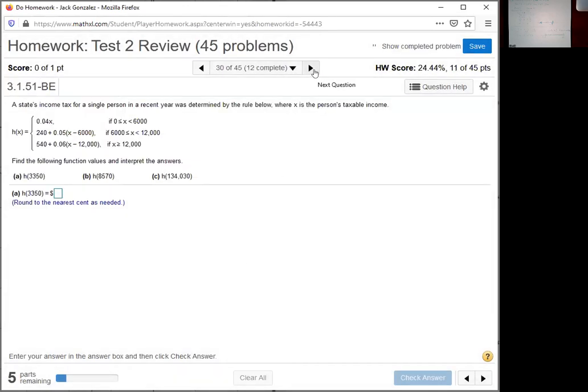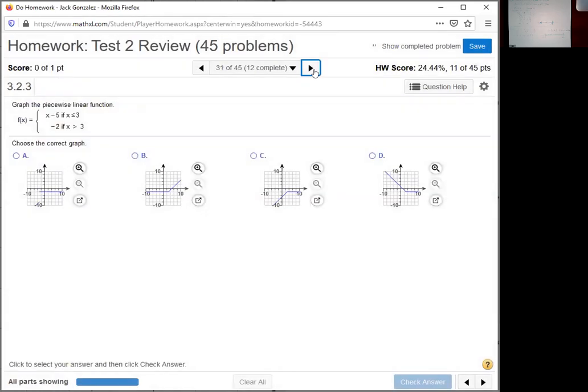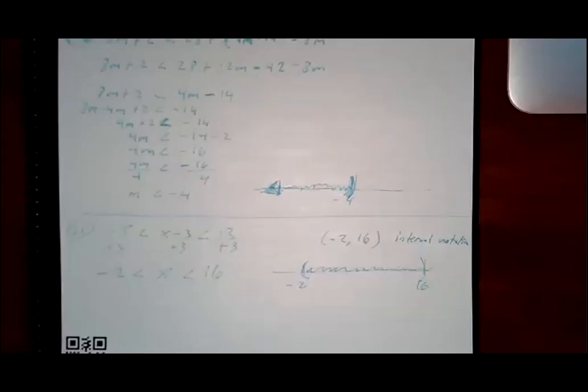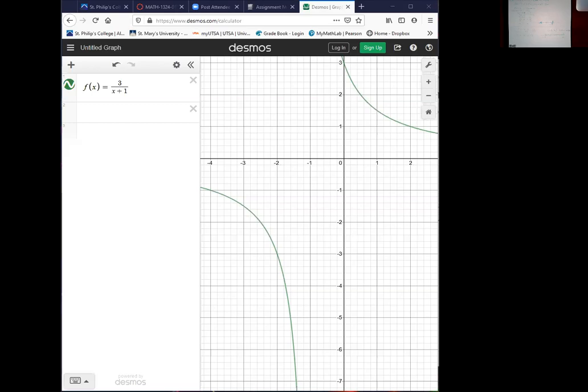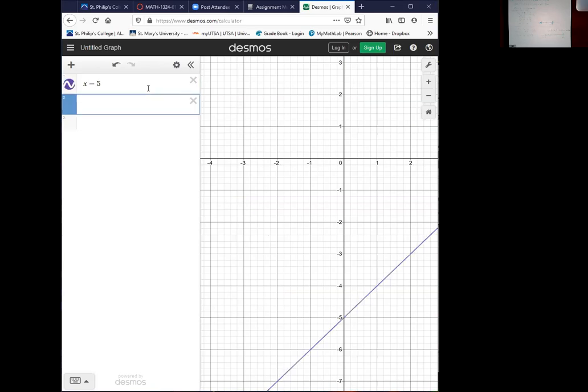This is the same deal, just bigger numbers. This one, I would recommend graphing both. So let's try graphing it. Okay. So the first piece of the function was x minus 5. Second piece was just the number -2.